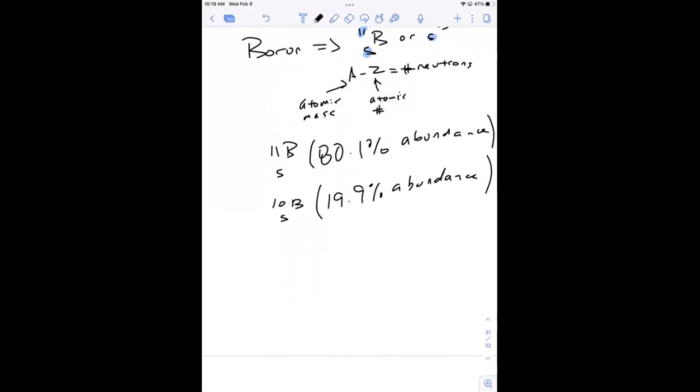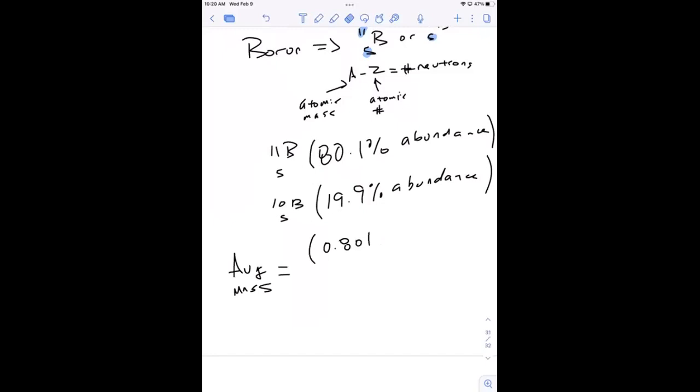Right? So the average mass for boron, we would calculate by taking that percentage and turning it into a fraction. So we'll say 0.801. When you're working with percentages, all you have to do is divide the number by 100 and you get the fraction.